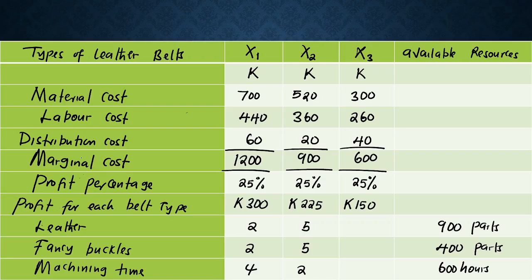So meaning we're going to have a 10 here, then 3 here, and 2 there. So we need to come up with the mathematical model that describes this business problem that we have in this question.